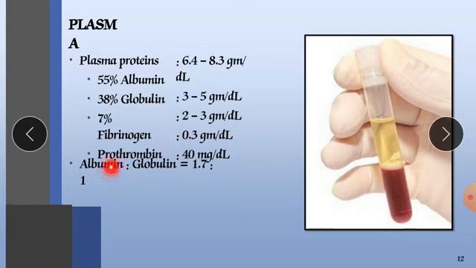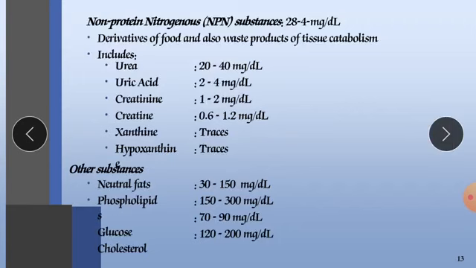Next is prothrombin. Its value is 40 mg per dl. In this fashion, various types of proteins are available in our plasma. Non-protein nitrogenous substances have a concentration of 28.4 mg per dl.